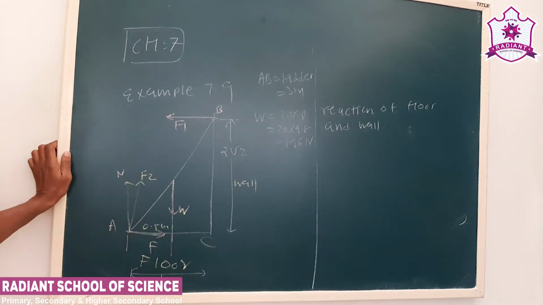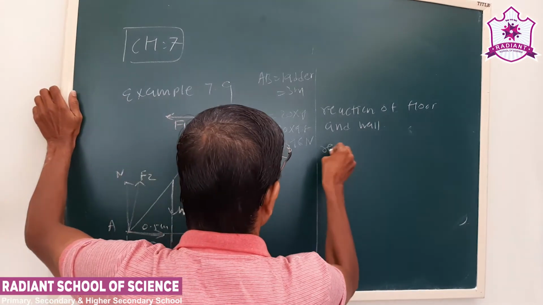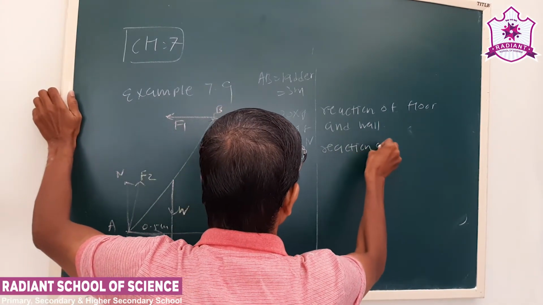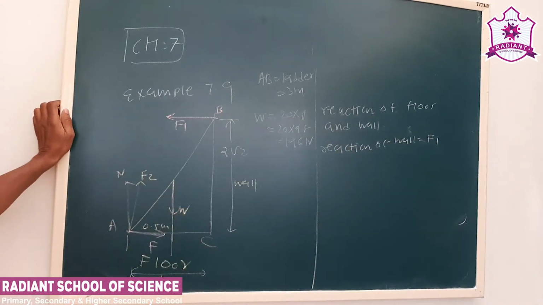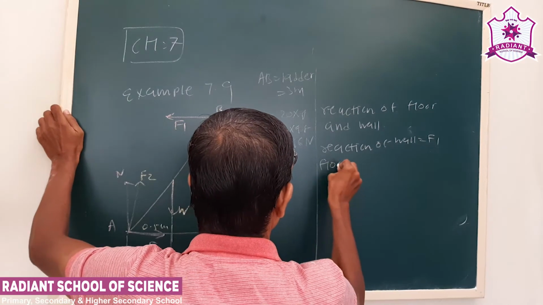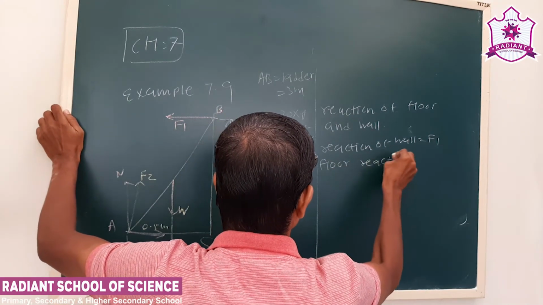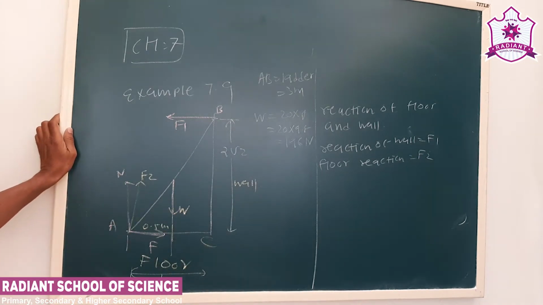Now the reaction of the wall, let us say F1, and the reaction of the floor we call F2.